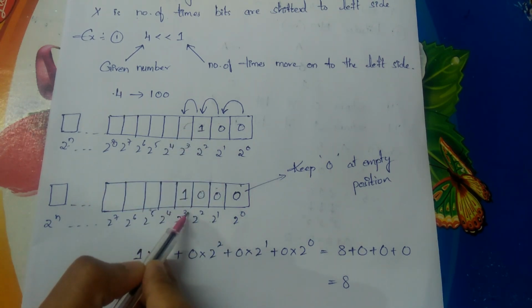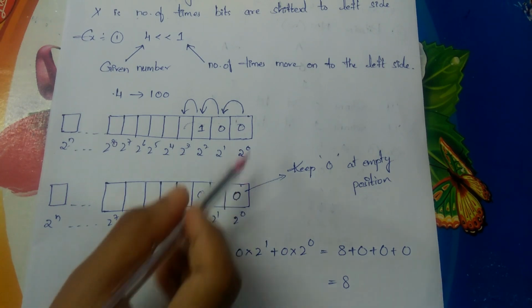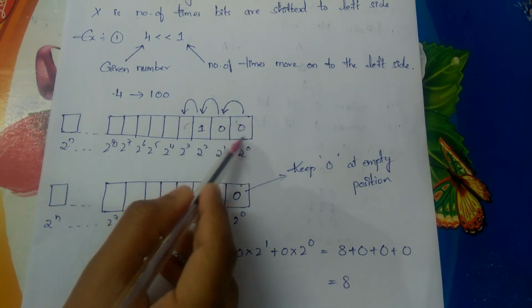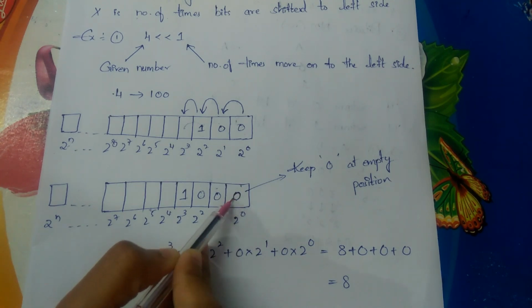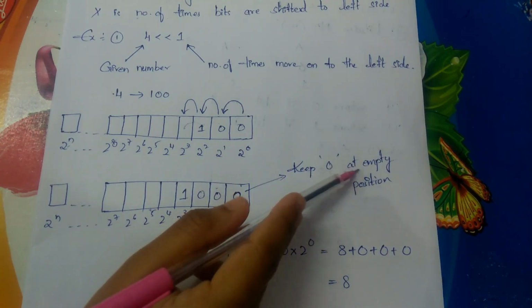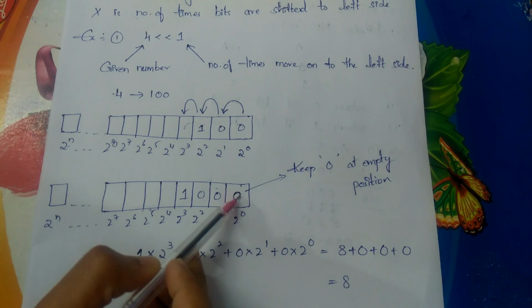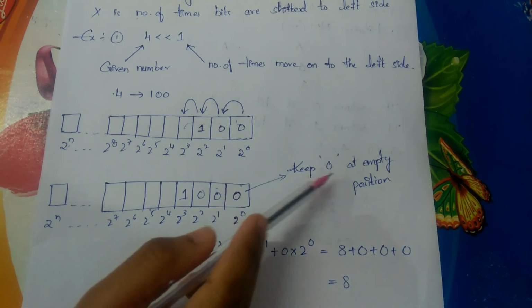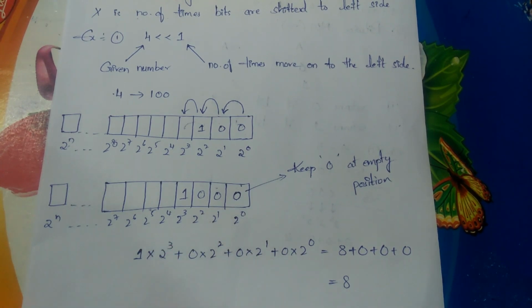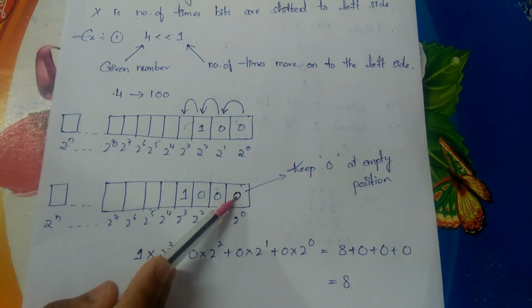So this box at 2 power 0 will be empty. At the empty position, we can keep 0. Wherever you find an empty box, you can keep 0 there. Now I kept the 0 here.